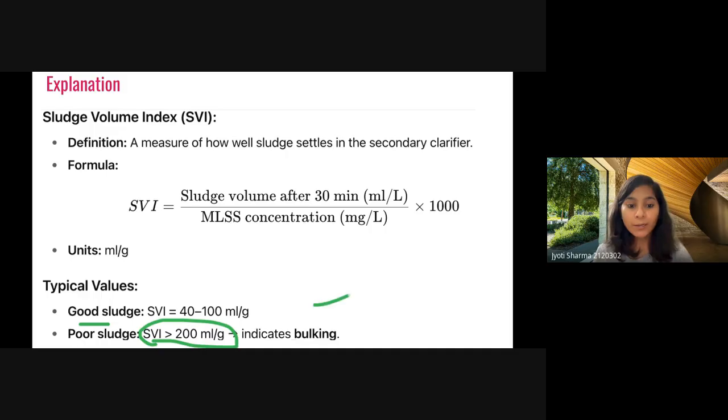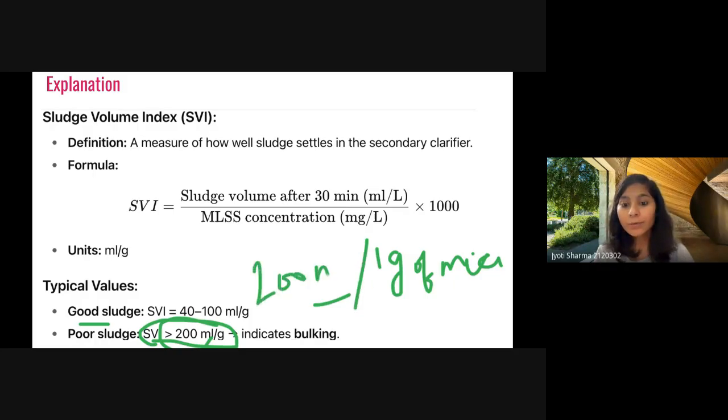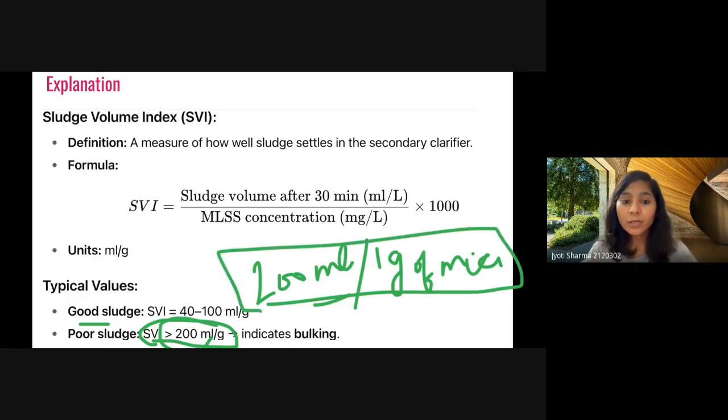So in 1 gram of microbes, you have 200 milliliter of water. It should be less water per gram of your microbes. So this will create the bulky condition.